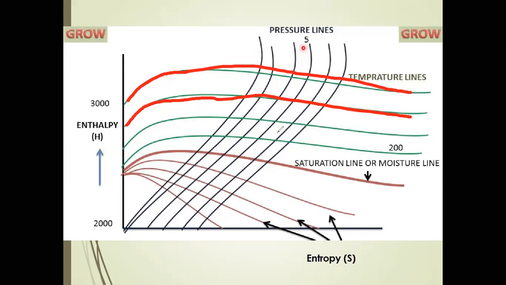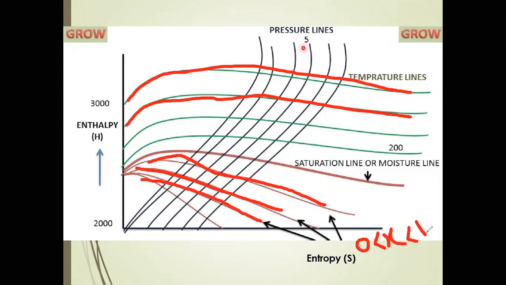And for wet steam, the most important parameter is the dryness fraction. So all these lines in the wet steam region are dryness fraction lines, because we all know that the dryness fraction value x is from 0 to less than 1. This is the dryness fraction value for wet steam.